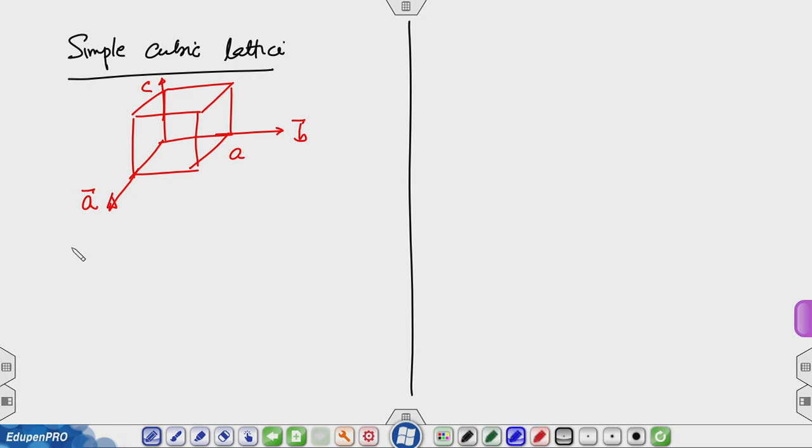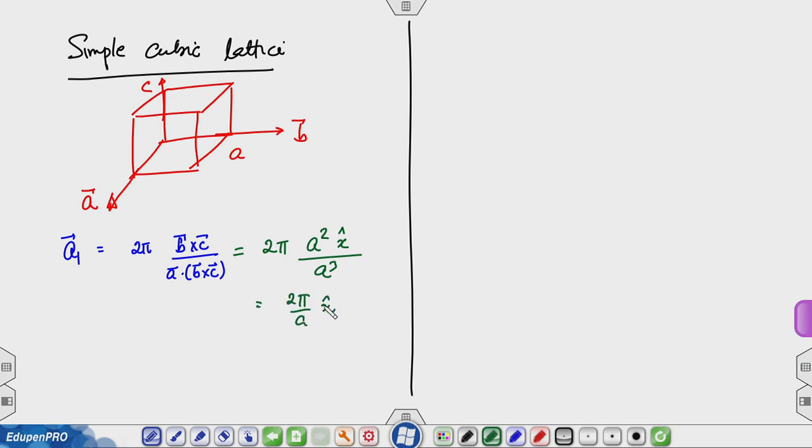Then I have the reciprocal space vector A 1, which is equal to 2 pi B cross C over A dot B cross C. So, that gives you 2 pi A square in the direction of x divided by A cubed, which is 2 pi by A x.